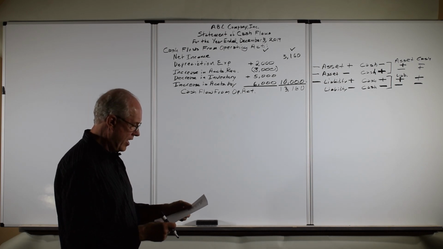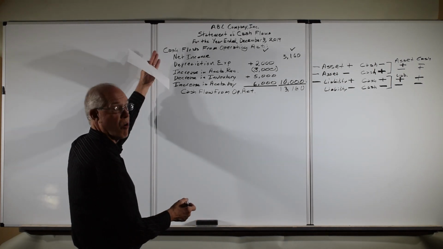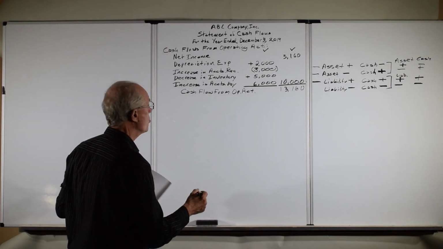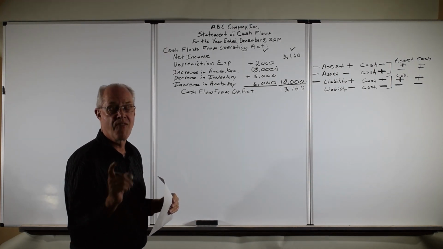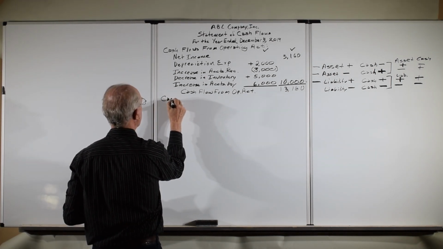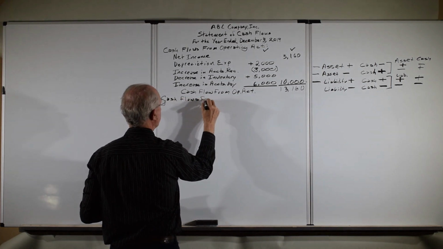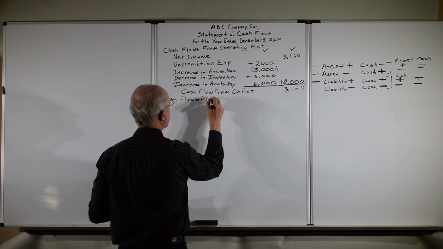So let's go ahead and go to the next phase of this, which is the hardest part, okay? Now let's do cash flows from investing activities. So let me head it up here, cash flows from investing activities.